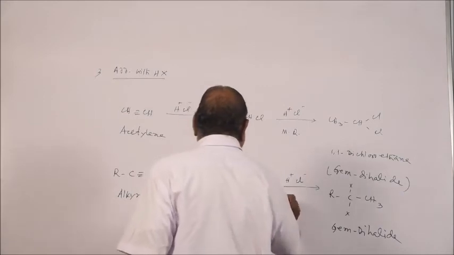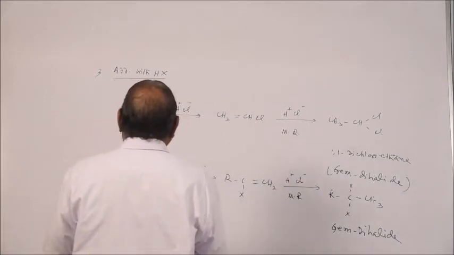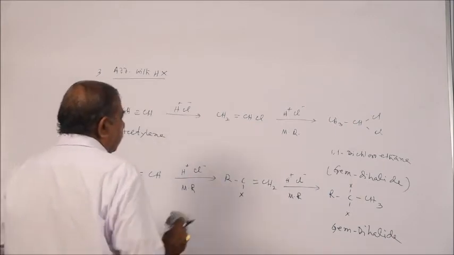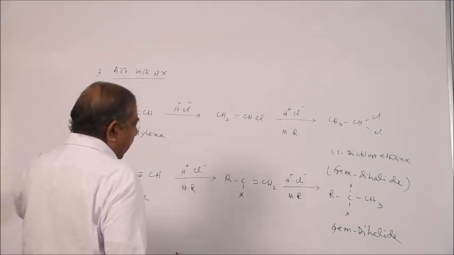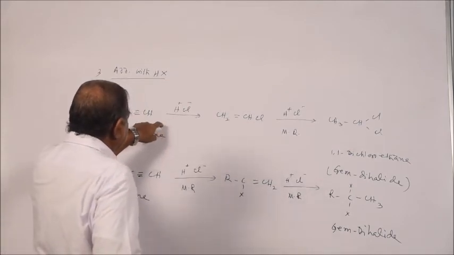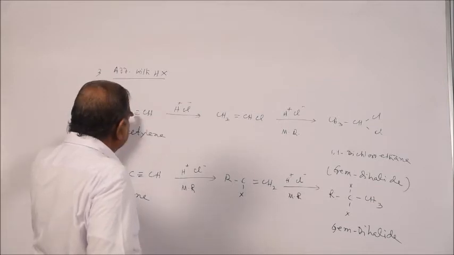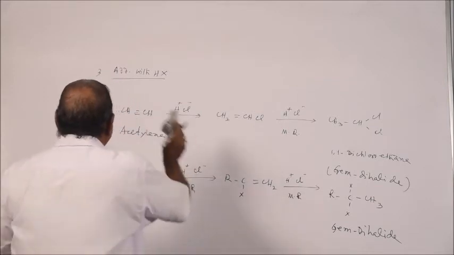MRI stands for Markovnikov's rule. So, in addition with hydrogen halide, in both cases, acetylene or any alkyne, you get a gem dihalide, but in the acetylene example, in the first step no Markovnikov's rule is applied because the original molecule is symmetrical.